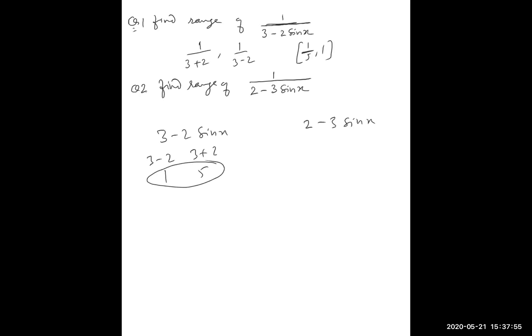Everything is positive here, no problem. But here, 2 minus 3, 2 plus 3, minus 1 to 5. So when you are going from minus 1 to 5, in between there will be 0. And when you are dividing, 1 upon 0 plus h or 1 upon 0 minus h, that spoils everything.